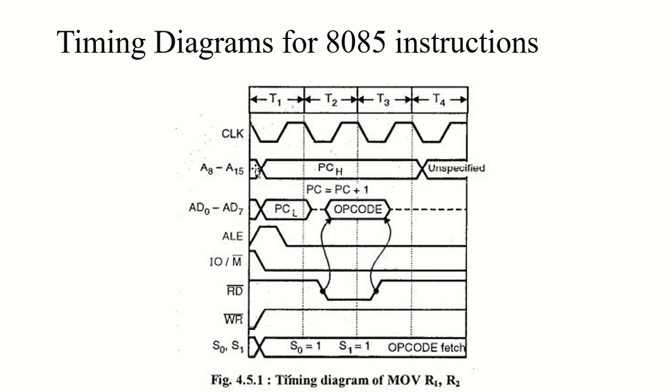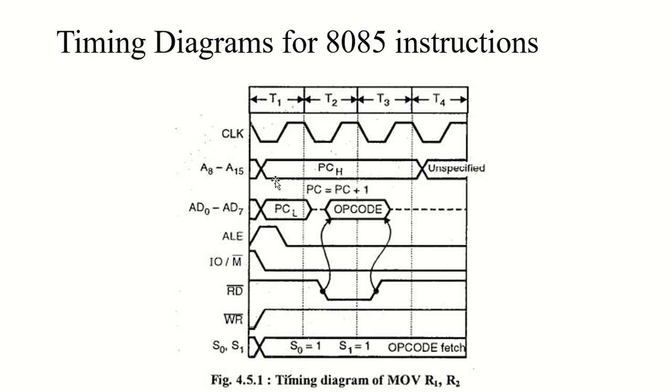Then in opcode fetch, the content of A8 to A15, the higher order address, will be stored, pointed to by the program counter towards register H, and it will last through three T states.